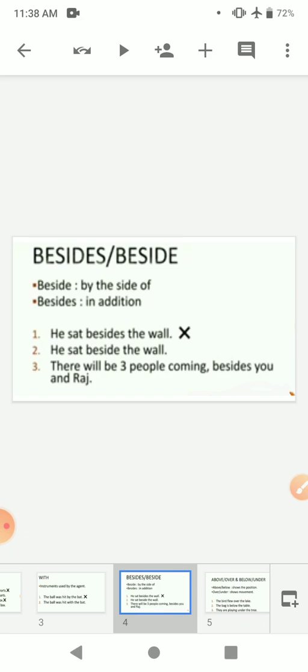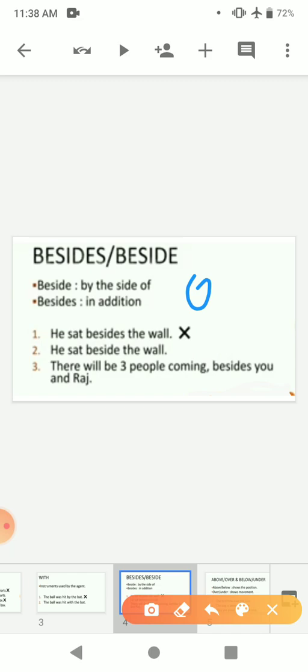For example, if I am here and I have to say she is here, we use beside. And besides means in addition. For example, if I have two books, then I will talk about two more books. For such cases, we use besides. So besides means in addition.